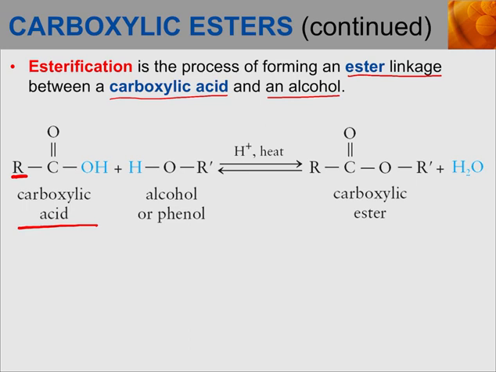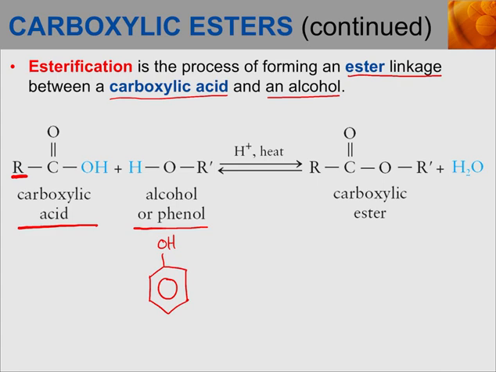It could be methyl, ethyl, it could be a benzene ring, really anything that is a hydrocarbon can go there. And then we've also got our alcohol, OR with an H attached, and this could also be phenol. And remember, phenol is a benzene ring with an OH group attached.